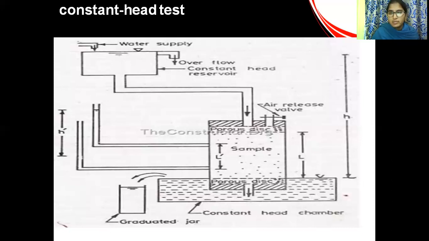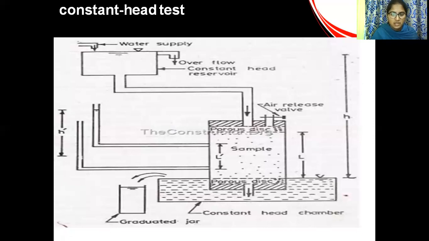After the soil sample has been saturated, the constant level overhead tank is connected to the inlet of the drainage cap, and water is allowed to flow through the soil sample to the drainage base, from which it flows out to the constant level bottom tank, in which the outlet is held submerged.